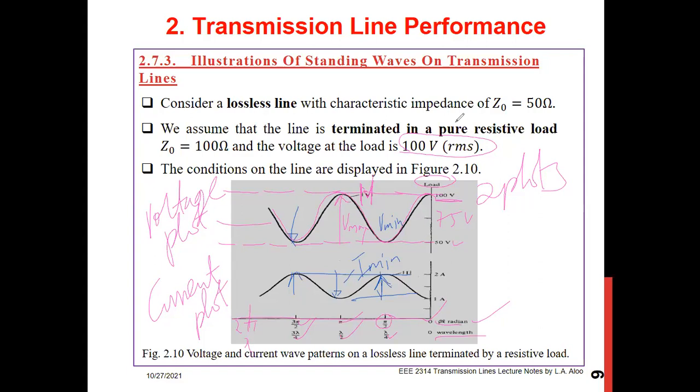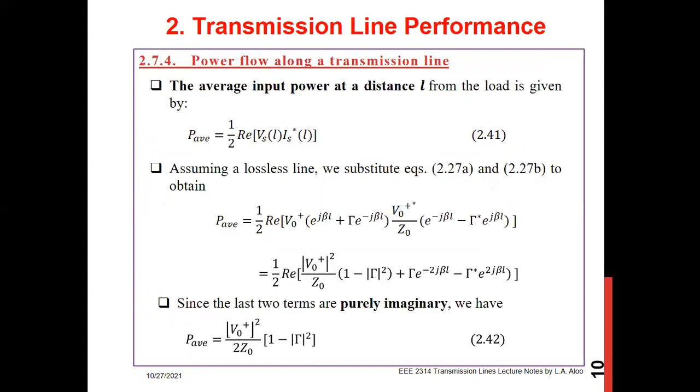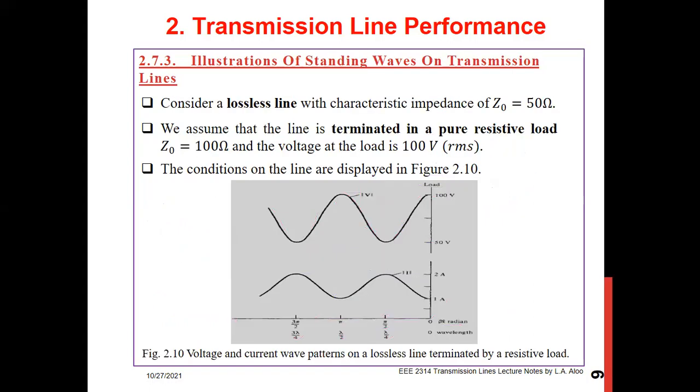Check where you have a full cycle, then get the space between the two. It will be repeating itself after every half wavelength, isn't it? So this is the voltage and current wave patterns on a lossless transmission line, which has been terminated to a resistive load.